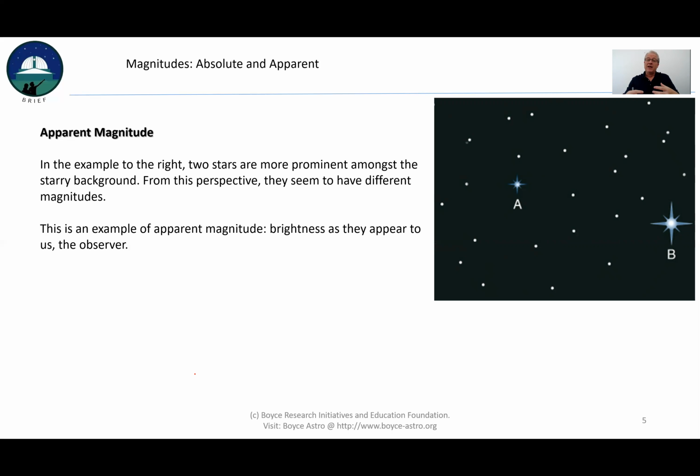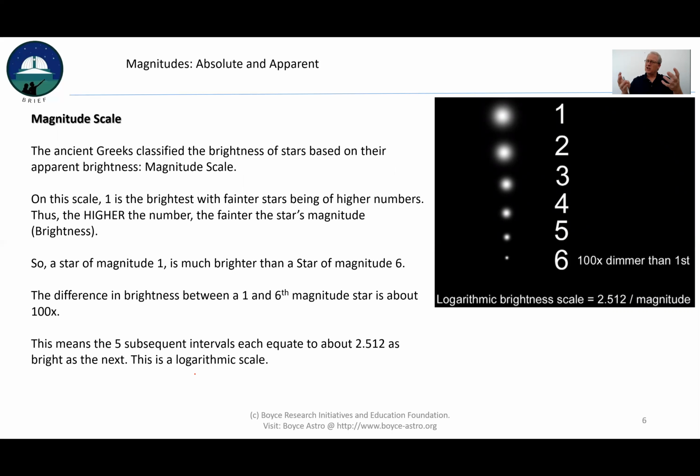So how do we measure apparent brightness? We do it in a magnitude scale, and it's kind of a strange scale. This was derived from the ancient Greeks, from Hipparchus, and he measured, based on visible stars, that's all they had at the time, a range of brightnesses. They start out with the brightest being magnitude 1, and the faintest that you went was 6.